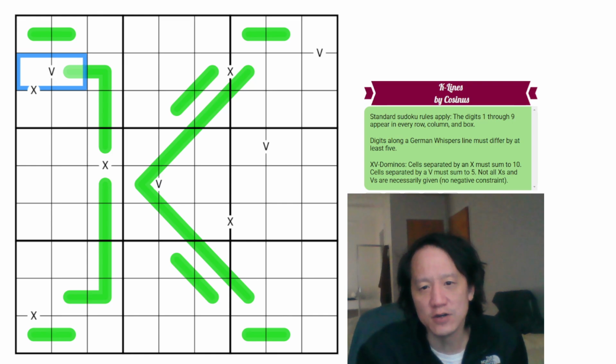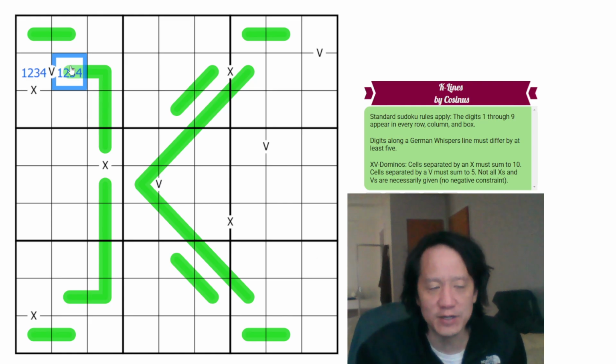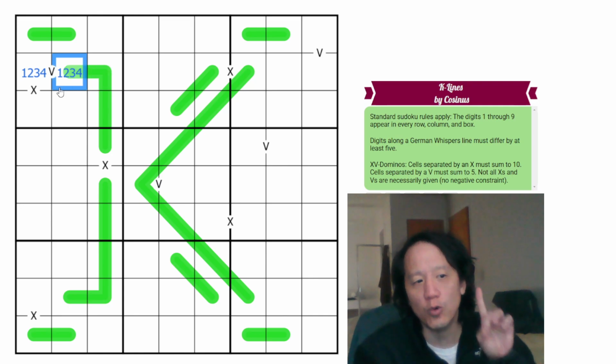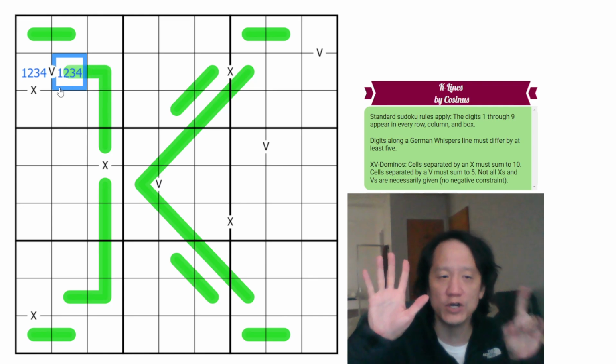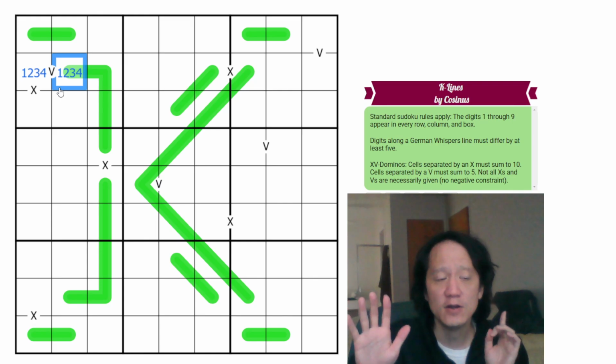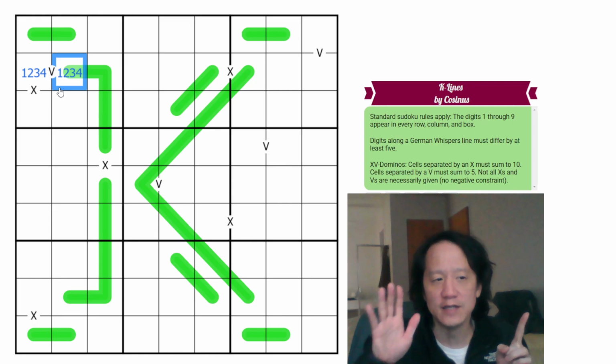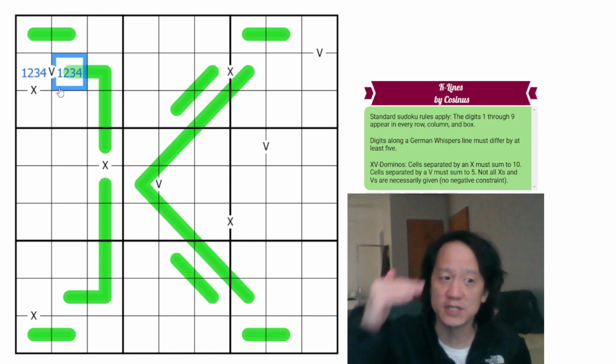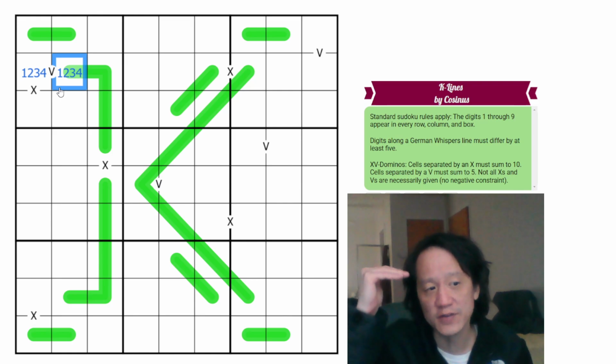So therefore, this can only be 1 and 4, or 2 and 3, right? So this has to be 1 through 4. Because of that, we know the adjacent digit next to it must be at least 1 plus 5, because 1 is the lowest, and then you have a difference of at least 5. That means the adjacent digit has to be 6 or higher. So therefore, it's 6, 7, 8, 9.